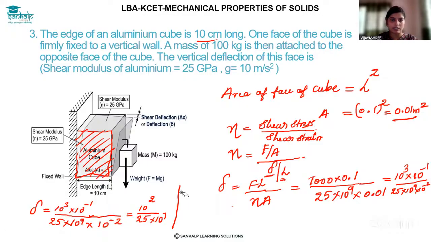It can be further simplified. If 10 to the power 7 goes to the numerator, it becomes 10 to the power minus 7. 10 to the power minus 7 plus 2 gives 10 to the power minus 5 divided by 25.